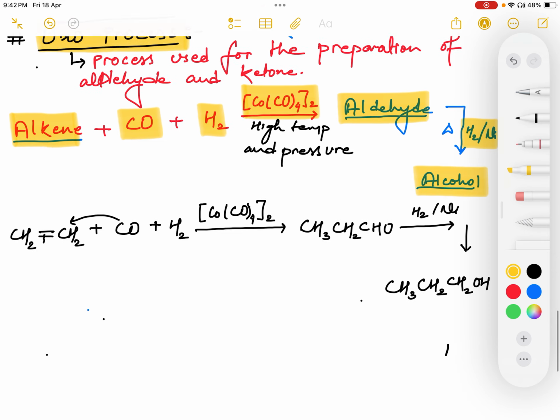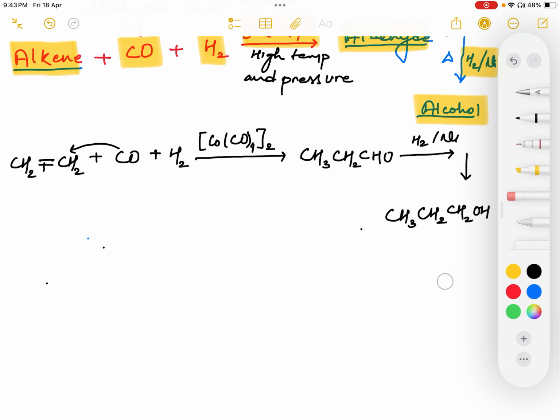The last one for today is the hydroboration oxidation reaction of ethene.